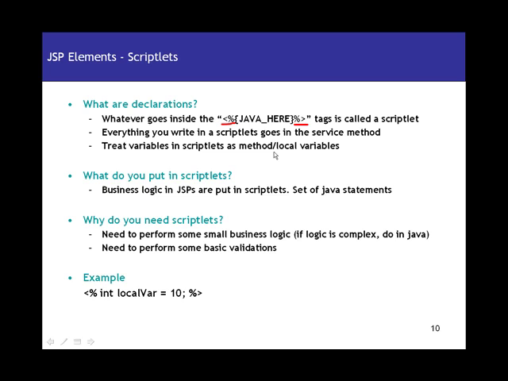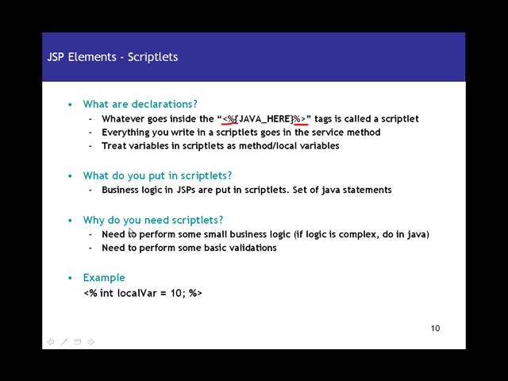Okay. What do you put in scriptlets? Basically you put business logic in JSPs. And why do you need scriptlets? To perform certain business logic. So the only reason we introduced Java in HTML was to produce dynamic content, right?